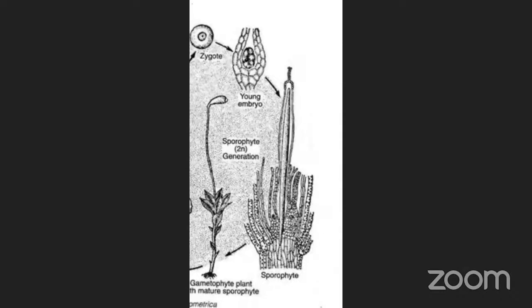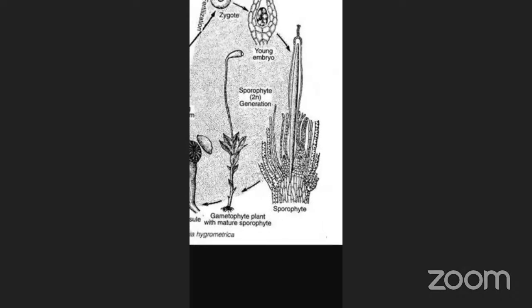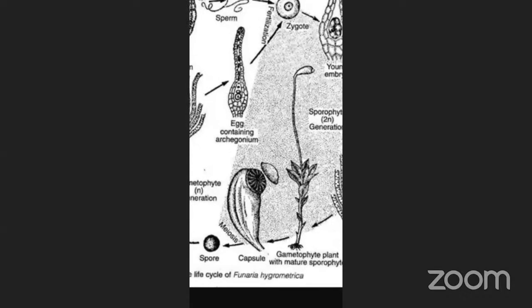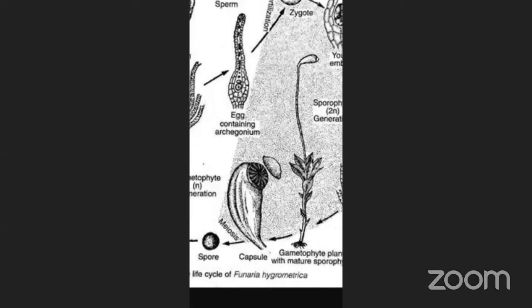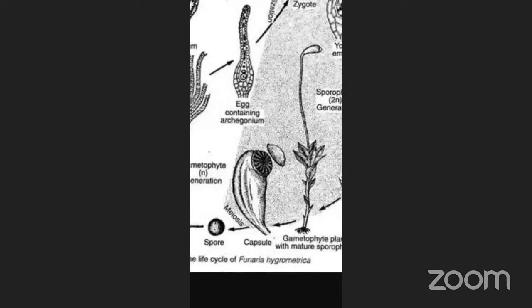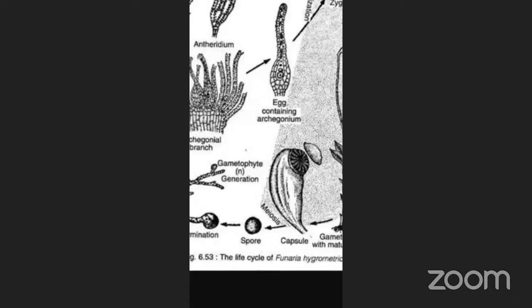This is the sporophyte of the female. The sporophyte is nothing but what we call the capsule. This capsule has the theca, then peristome and operculum, and seta is also there, and hypophysis is also there. In the theca there is the centralized columella.